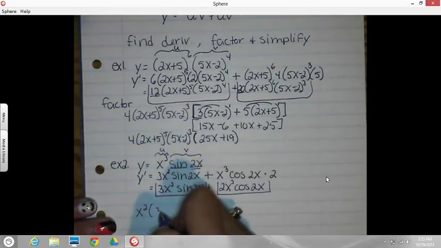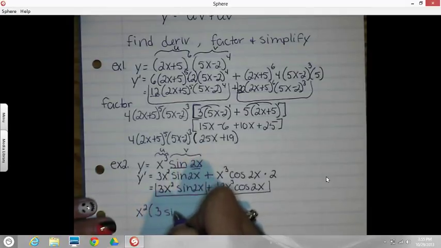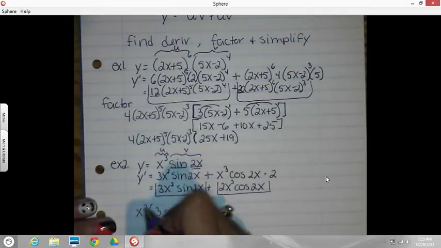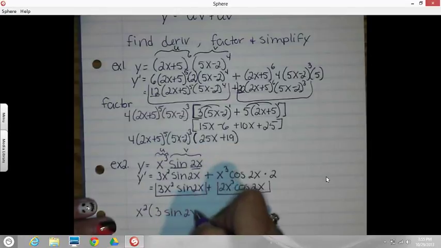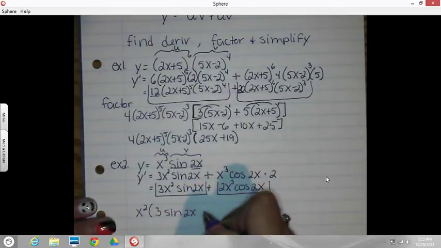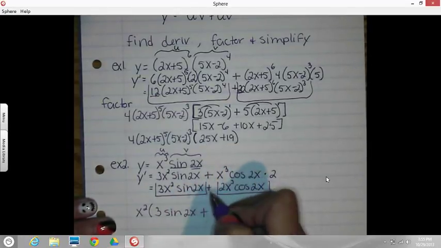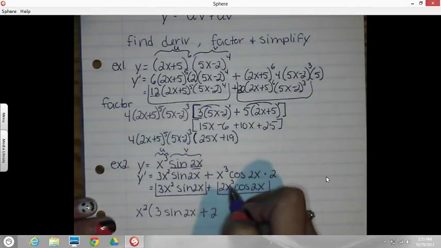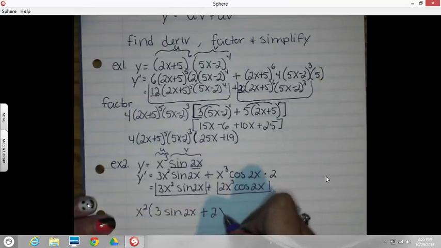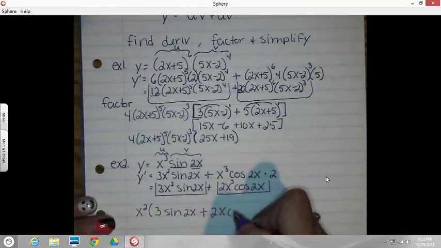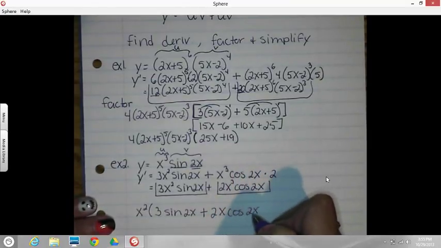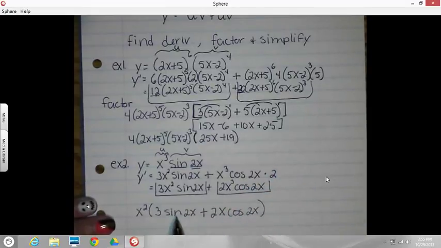So 3 is left inside. The x squared is out. Sine 2x is still there. Plus, the 2 is still inside. I took out an x squared. That's going to leave me with an x. And the cosine 2x is still here. And none of this combines, so we go x sine 2x and a cosine 2x.